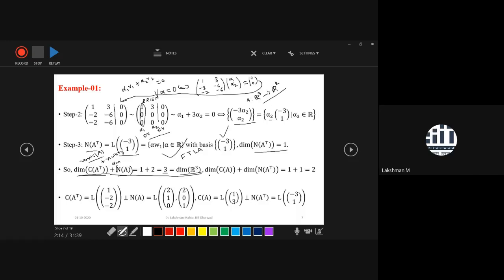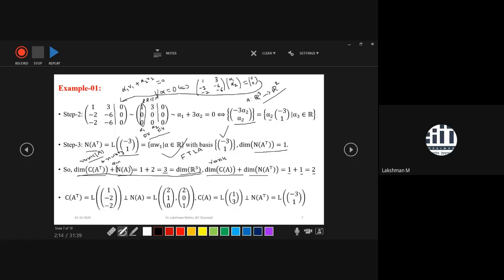In this part, we further observe the dimension of the column space of A. It was one, and the dimension of the left null space was one. So one plus one is equal to two, and two is the dimension of the target space R2. Here also, the dimension of the column space of A deals with the number of linearly independent columns.